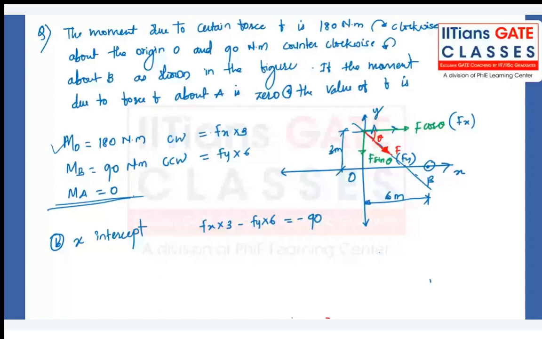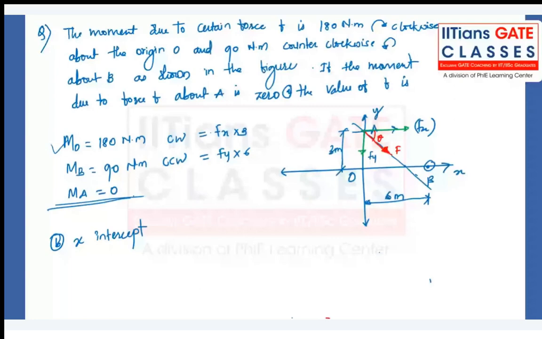Till this, I hope you all have understood that only the Fx part is creating the moment about the origin, because the Fy will be just passing through the origin, so it will not create a moment. So Fx into 3 will be equal to 180 Newton meter. And so Fx you can calculate here itself.